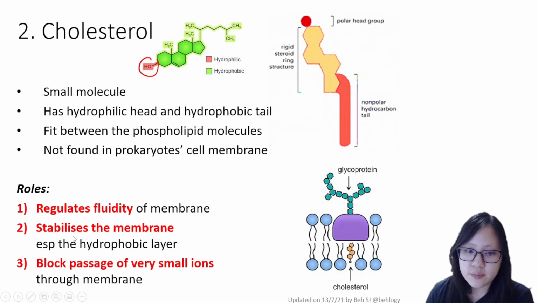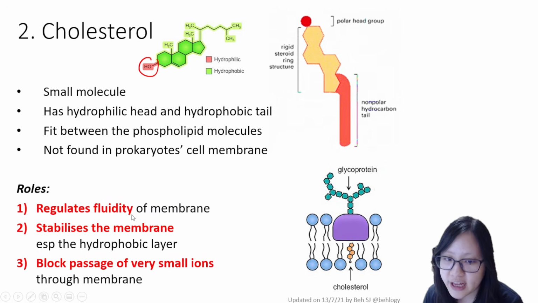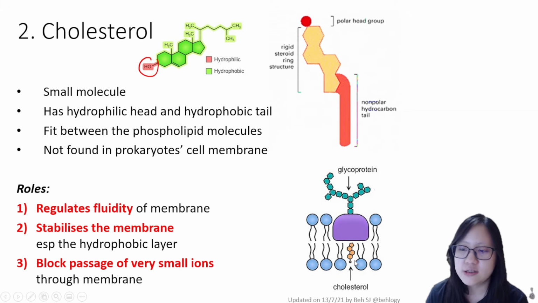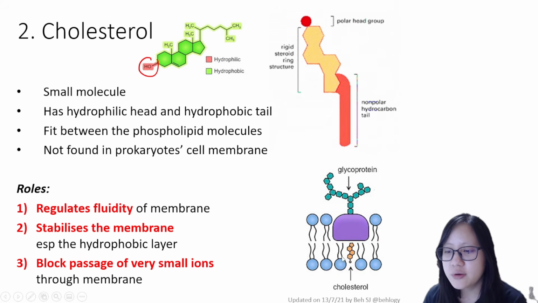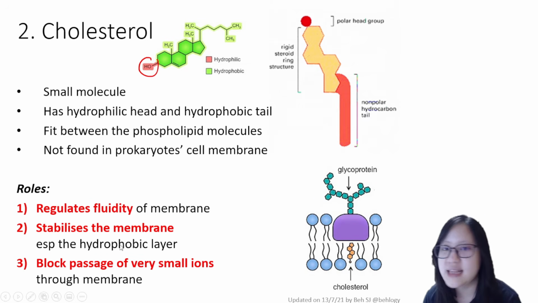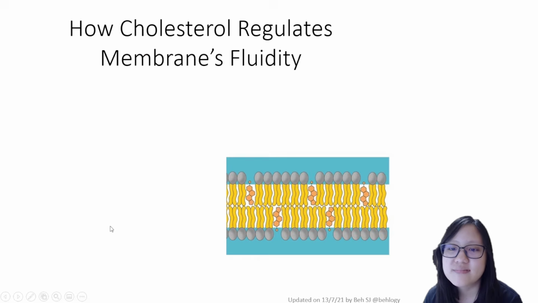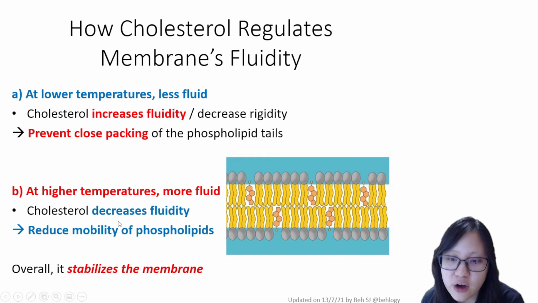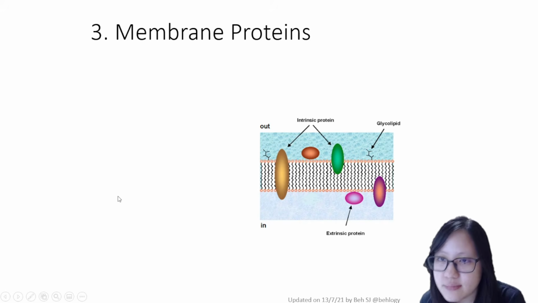So yeah, roles of cholesterol: number one, regulate fluidity, very important point; number two, stabilizes the membrane, very related to regulating fluidity; and number three, block passage of very small ions, and that's because it's crammed in between two phospholipid molecules here, and therefore small ions may not be able to pass through because there's less space now. And that's how cholesterol functions.